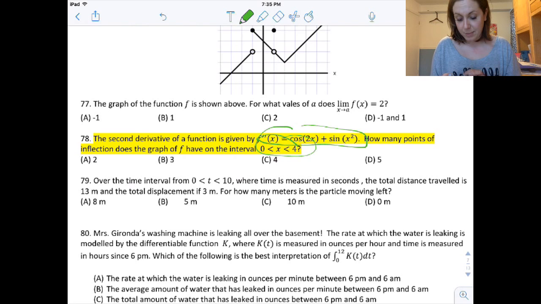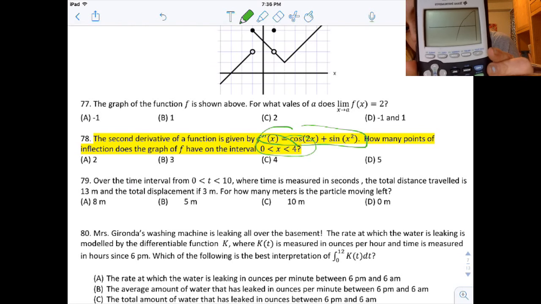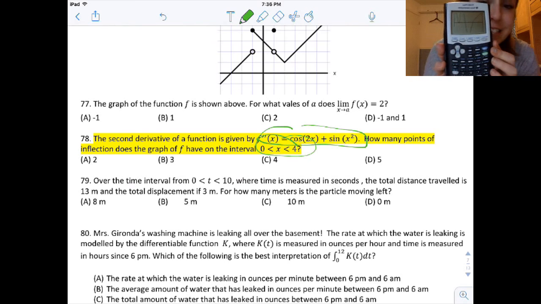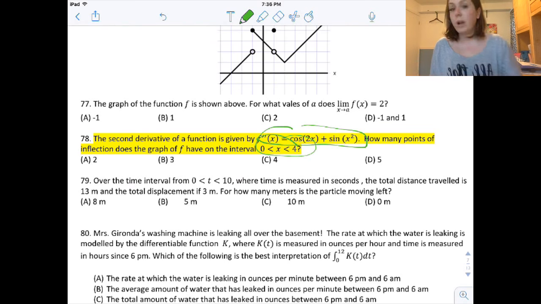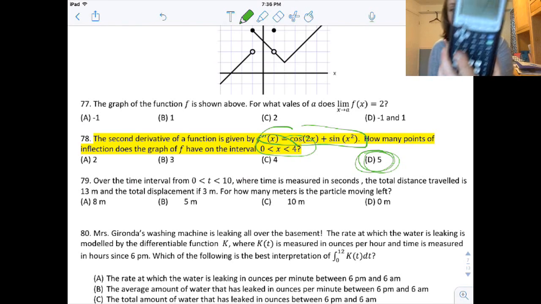And I'm going to really look at what happens on the x-axis. So there's 1, 2, 3, 4, 5. And I can see this actually crosses 5 times. So what I want you guys to do here is really zoom in and make sure you're sure about something before you commit to it. This crosses 5 times. So just look at your graph and see where it crosses.